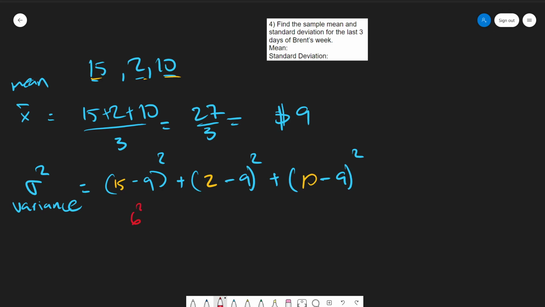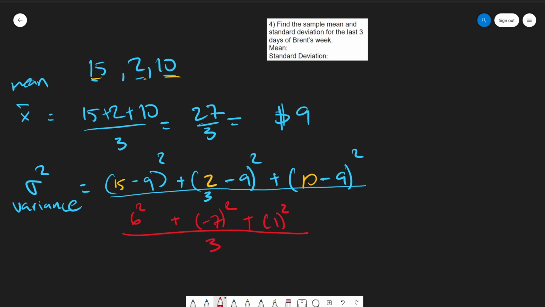Gives us a nice 6 to the power of 2, and a negative 7 to the power of 2, and a 1 to the power of 2. And remember, we're also going to divide by the number of terms, which is 3. So same thing here. Oops. Thanks, undo. Divide by 3.